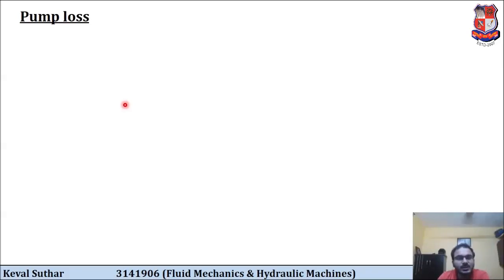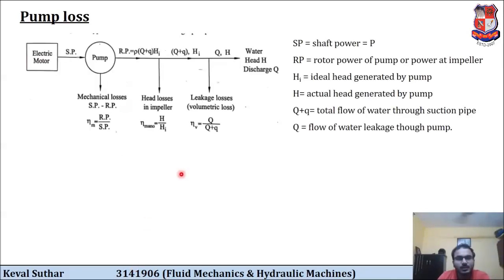So the next topic is pump loss. Here we will see in detail what exactly losses are happening in the pumping action. First of all, we begin with the electric motor, from which we get the shaft power. SP stands for shaft power, which is equal to P. Then the pump is run by this electric motor, and because of mechanical losses, this shaft power is not fully converted into rotor power. The difference between shaft power and rotor power is the mechanical losses.